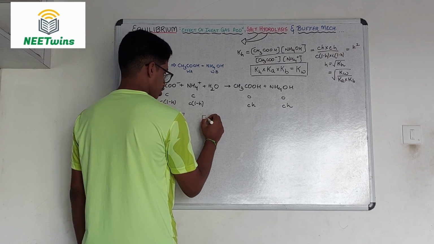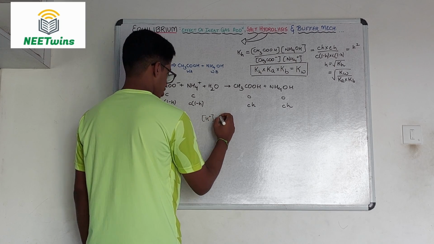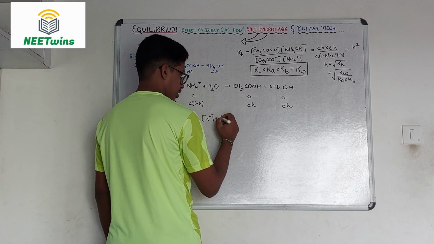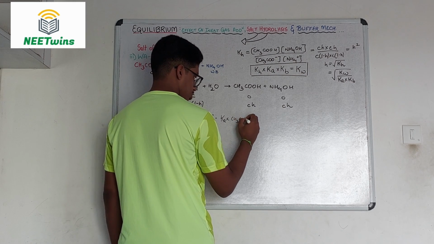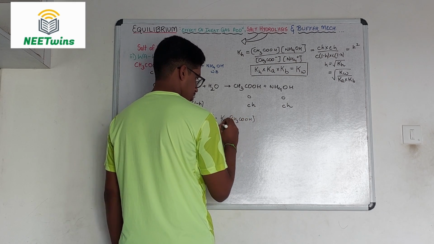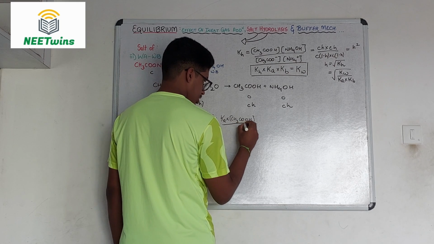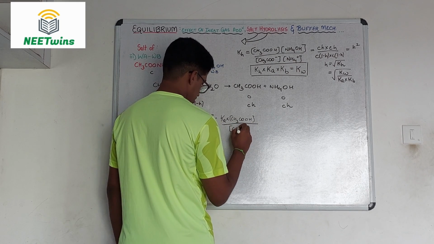So H plus concentration from this turns out to be Ka into CH3COOH divided by CH3COO minus.